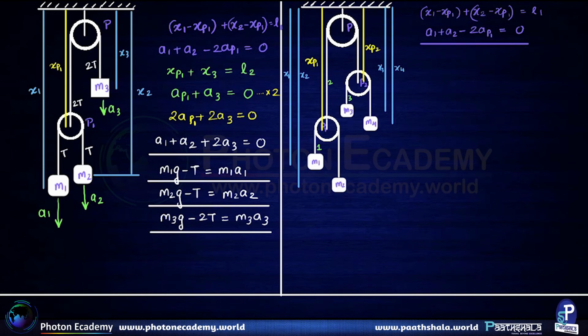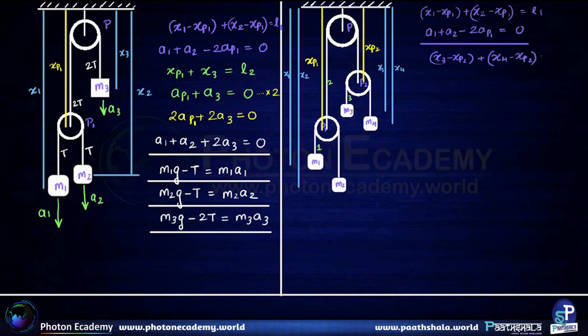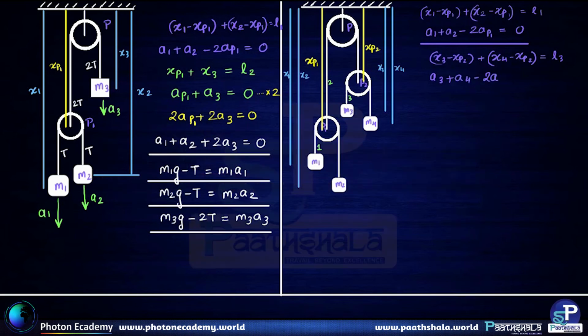Now let me do a similar calculation for the string 3. For the string 3 we get x3 minus xp2 plus x4 minus xp2. So this is equal to length of string 3, L3. So on double differentiating we get a3 plus a4 minus 2 ap2 is equal to 0.